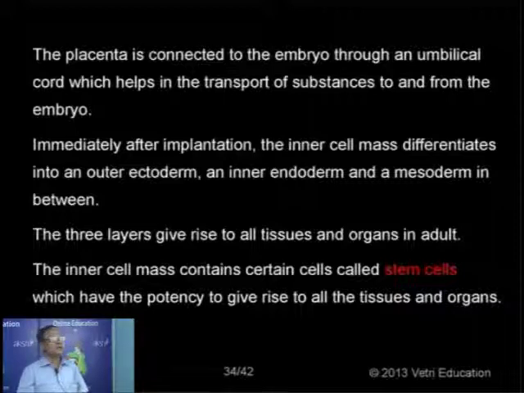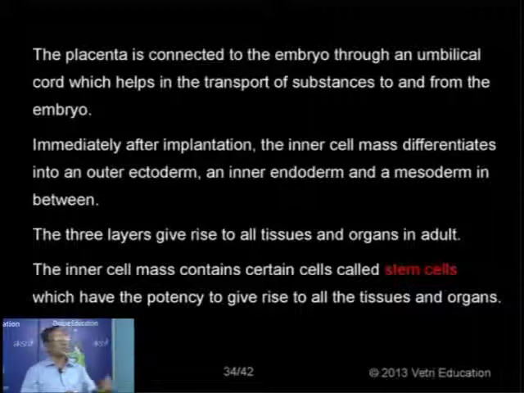These cells have the ability, the potential, to give rise to any organ or organ system. Not all cells are differentiated into the germ layers; some remain as stem cells.